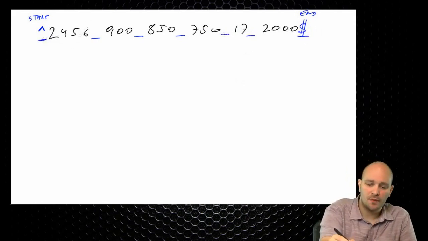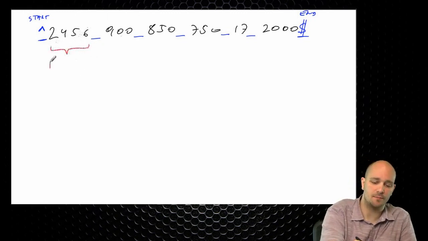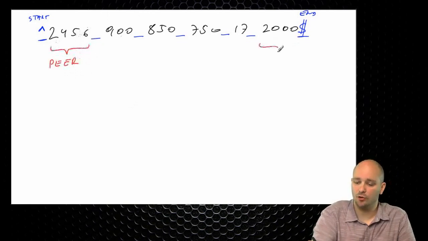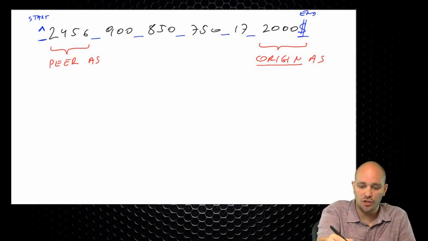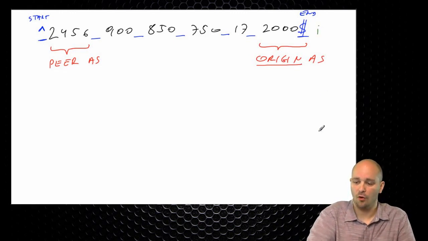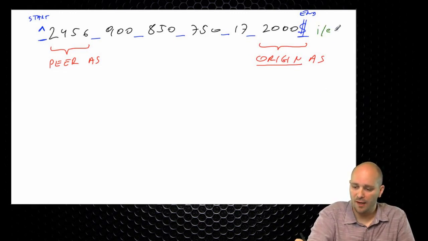Also, this autonomous system here is something that we are going to be calling the peer AS. This autonomous system is something that we will be calling the origin AS. Important thing not to mix this up with the origin code. The origin code is not part of the path, so it is outside the path.